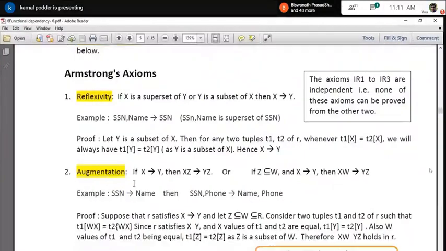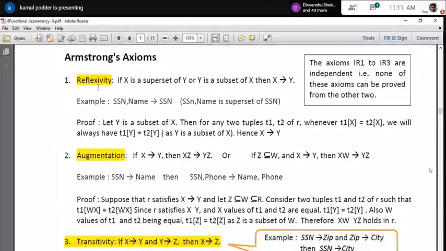Now see, the first rule is called reflexivity. What is that? If X is a superset of Y, or Y is a subset of X, then X determines Y. Suppose there is an FD like this: Y depends on XY, that means Y is a subset of X or X is a superset of Y. That is the basic.